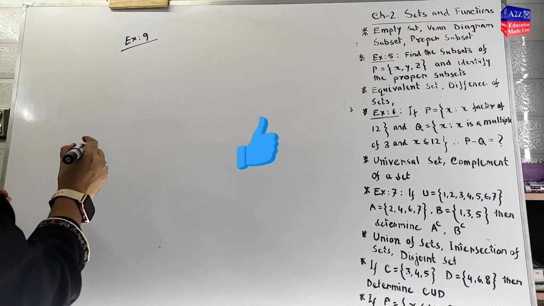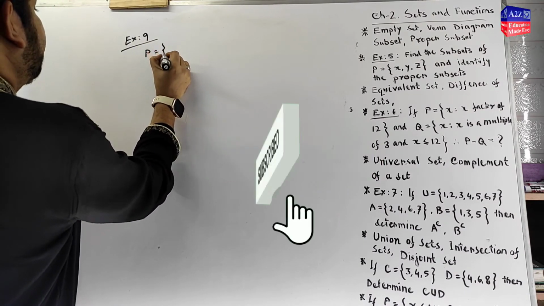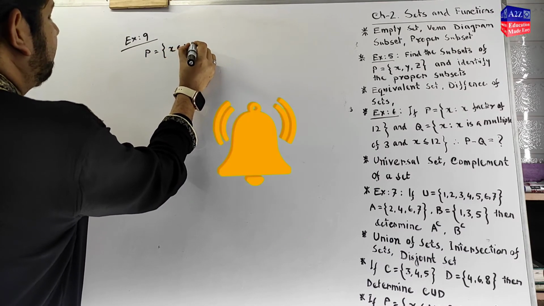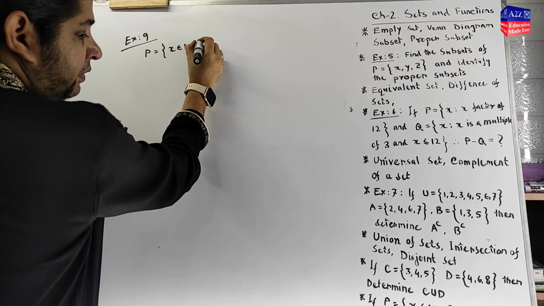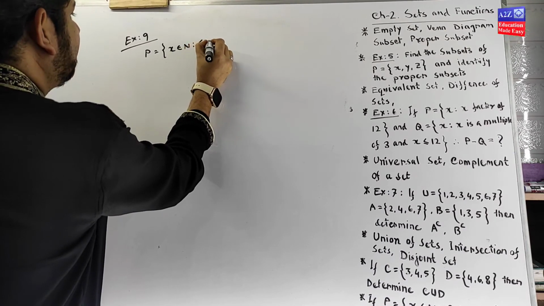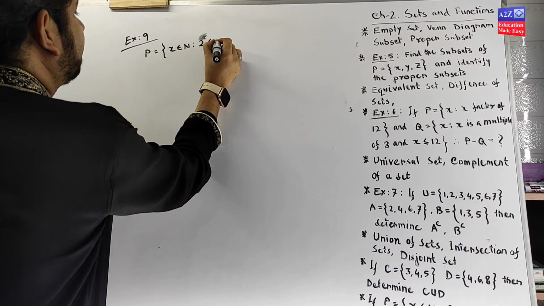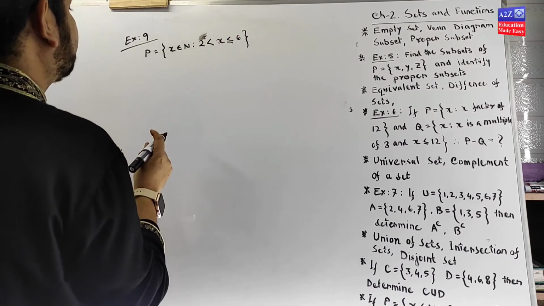Let me write it down. It's given that P is a set of elements x where x belongs to all natural numbers such that x is greater than 2 and less than or equal to 6.